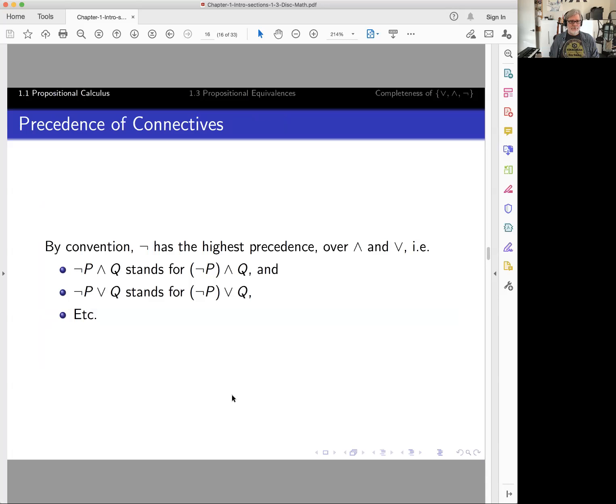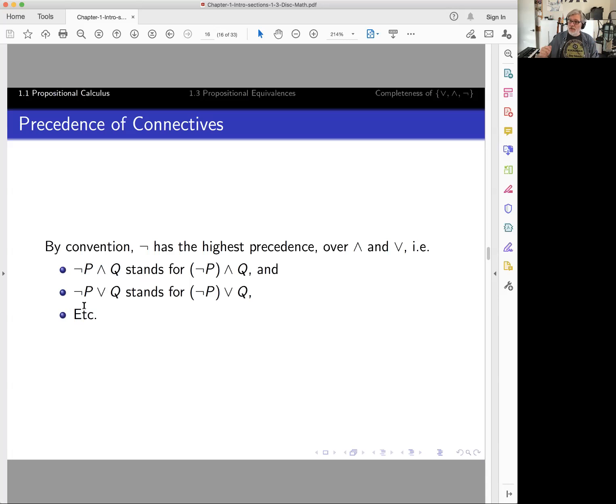Okay, about notation. Just like in arithmetic, in algebra, we have some conventions to avoid bracketing too much. So the convention is that negation has the highest precedence over everything. Okay, so if you see something like this, not P and Q, it does not mean not (P and Q).